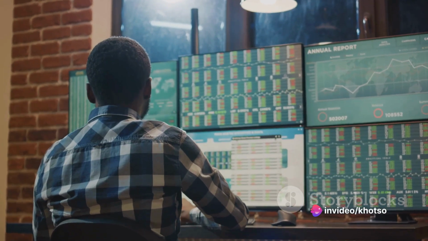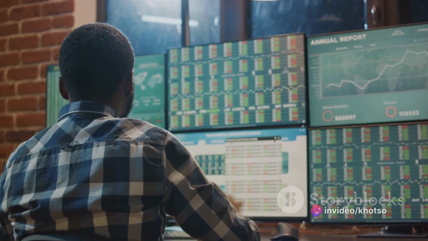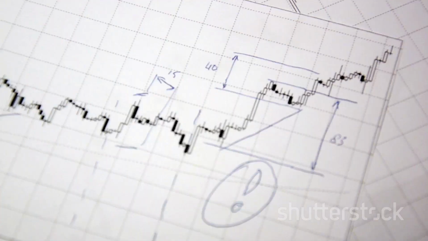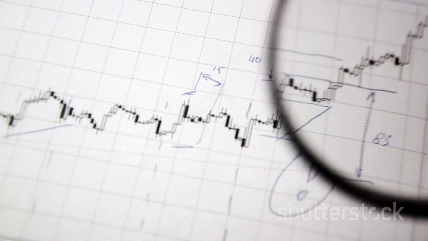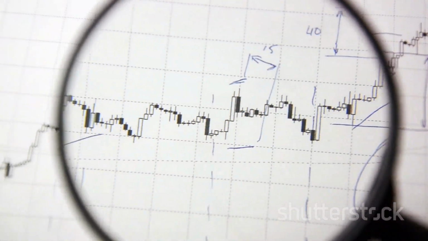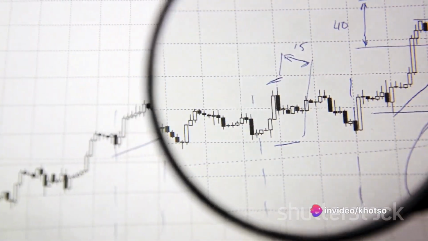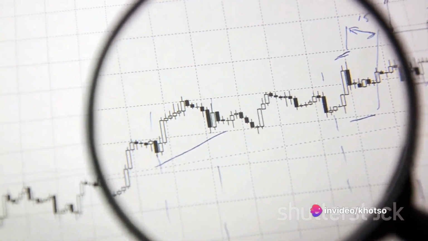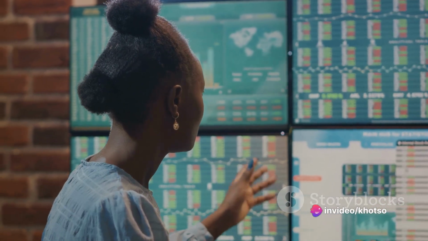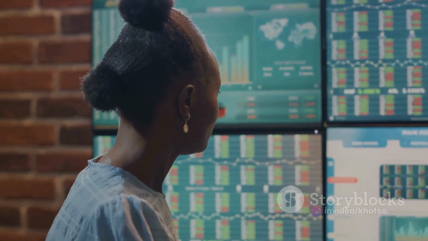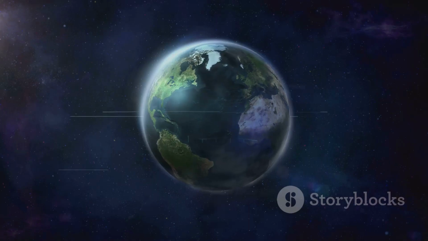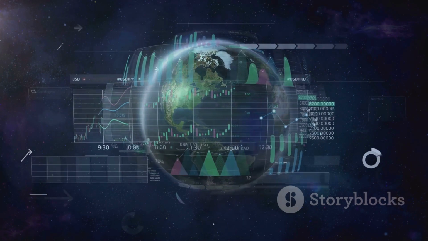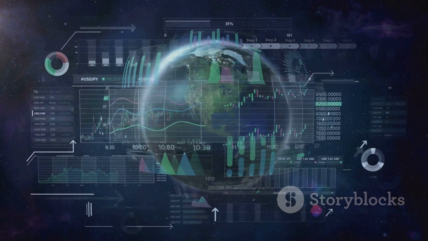Now, let's talk practical. To identify these zones, it's important to look for price levels where there have been strong price movements away. This indicates a significant imbalance between buyers and sellers, or in other words, an imbalance in supply and demand. However, just identifying these zones is not enough. For a successful trading strategy, it's crucial to understand that these zones can shift over time.